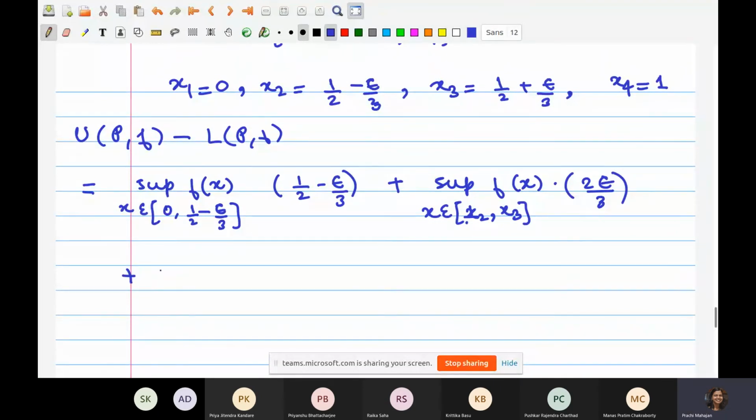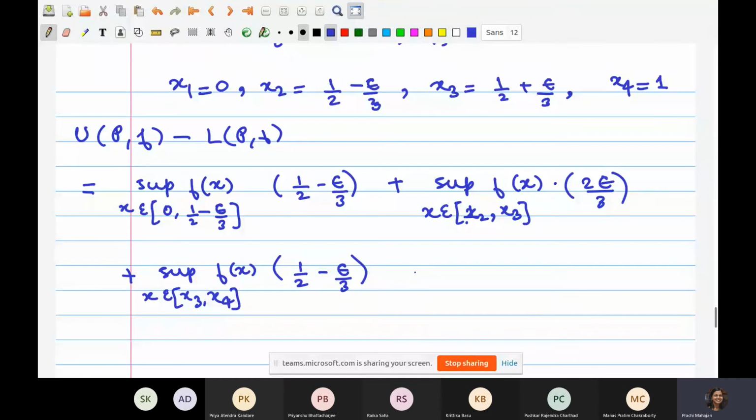And what is the contribution from the last one? It is the supremum of f restricted to the interval [x3, x4], times the length of the interval, which is 1 minus (1/2 plus epsilon/3), so that is 1/2 minus epsilon/3. Is that correct? Yes, ma'am.